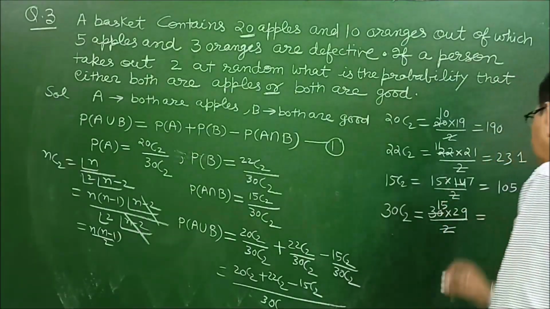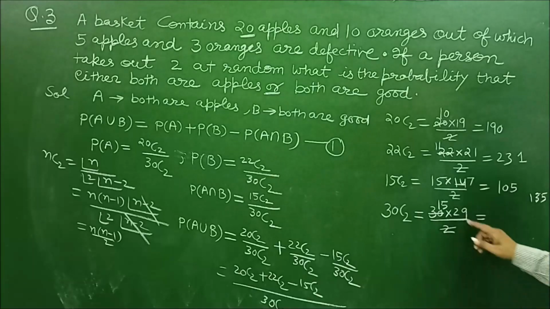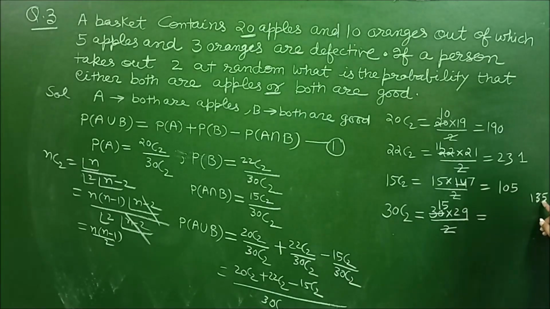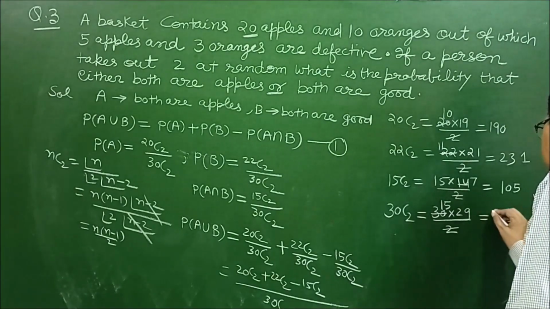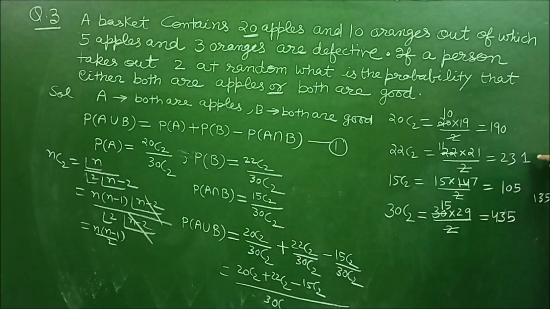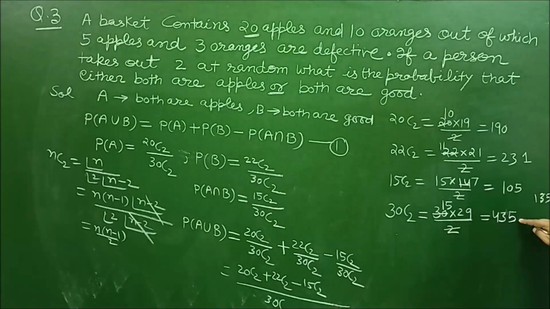So 15 nines are 135, 15 twos are 30, 30 and 135, 435. So we have calculated all the values. 20C2 is 190, 22C2 is 231, 15C2 is 105, and 30C2 is 435.